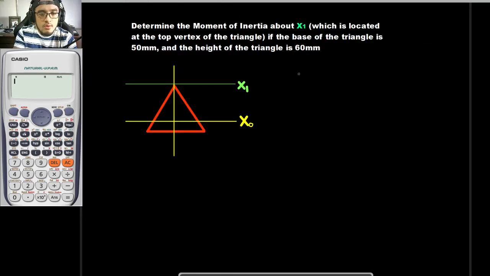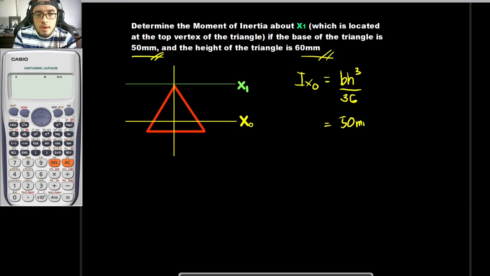So Ixo equals bh cubed over 36. Direct substitution. We have our base already, which is 50 mm, and the height of the triangle is 60 mm. So that is 50 mm times 60 mm cubed divided by 36.